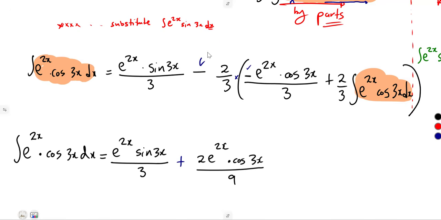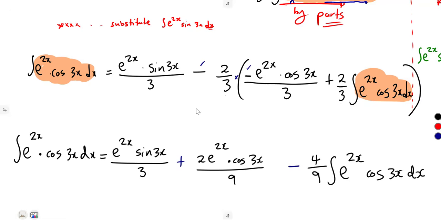We move on to this negative times this positive, which gives us a negative. Same thing, numerator with numerator, denominator with denominator: 2 times 2 is 4, over 3 times 3 which is 9, the integral of e to the exponent of 2x cos 3x with respect to x. So in this case, you expanded the brackets.